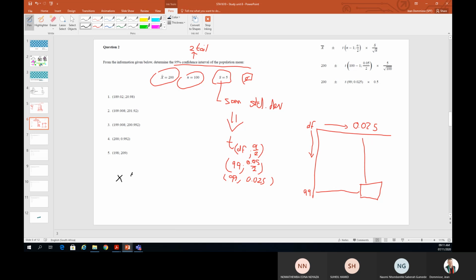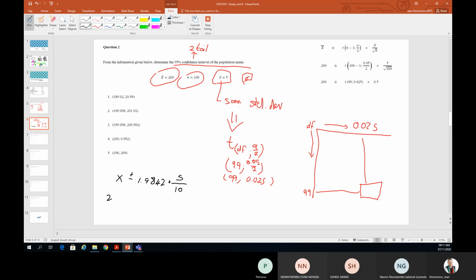So it's x plus minus the t value, which is 1.9842, multiplied by the standard deviation, which is 5, over the square root of 100, and the square root of 100 is basically 10.